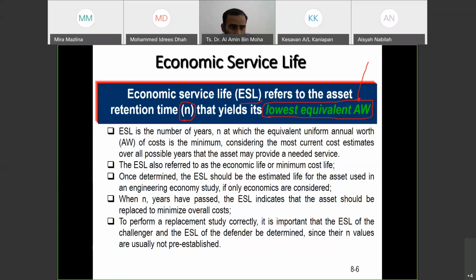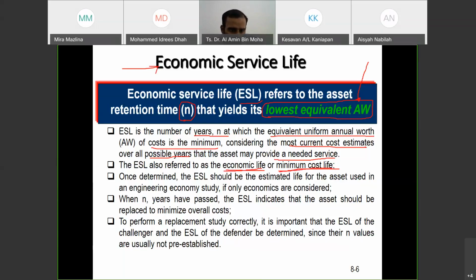So ESL is the number of years at which the equivalent uniform annual worth of cost is a minimum, considering the most current cost estimates over all possible years that the asset may provide the needed service. The ESL is also referred to as the economic life or minimum cost life. So we can call this ESL, or economic life, or minimum cost life.